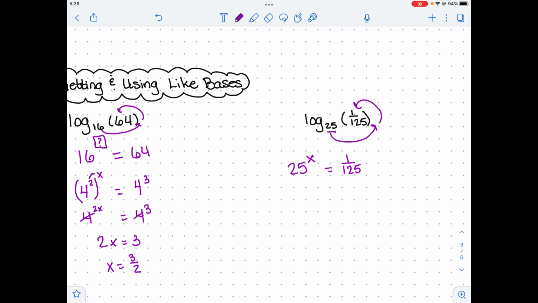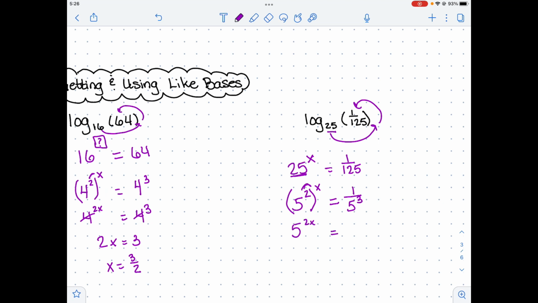Well, 25 we can rewrite as 5 squared, but it's all to the x. That 5 to the second is just rewriting the 25, so don't forget the x part. And then here we can rewrite this as 1 over 5 to the 3rd. That's the same thing as 1 over 125. Now, I want them so that I can cancel out bases, and right now one's in the numerator, one's in the denominator. So in the next step, I need to multiply the powers to powers, so 5 to the 2x.